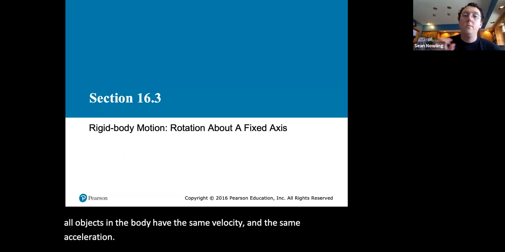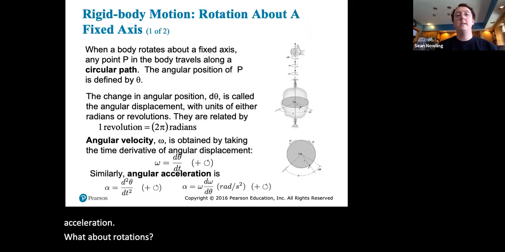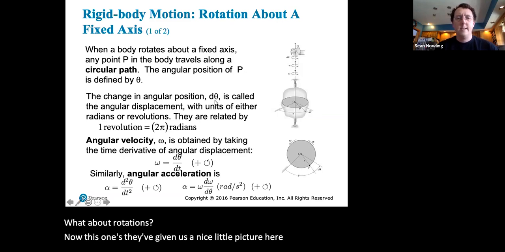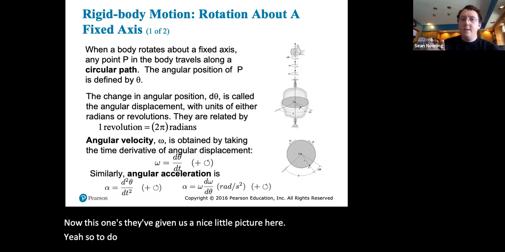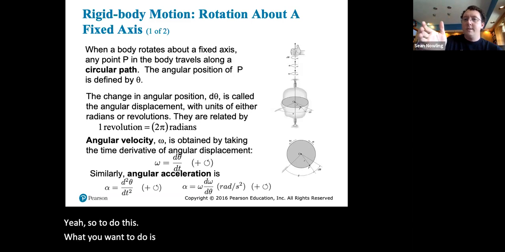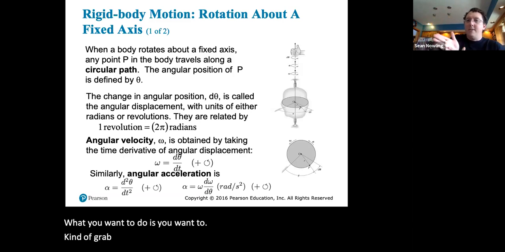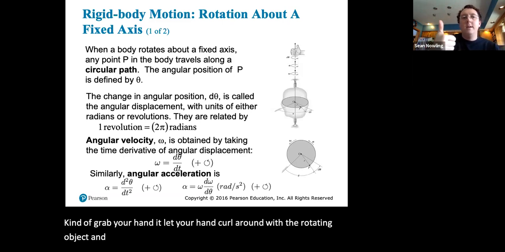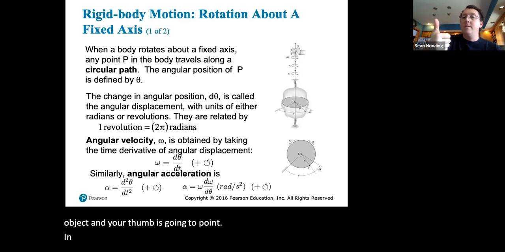Okay. What about rotations? They've given us a nice little picture here. To do this, you want to grab your hand, let your hand curl around with the rotating object, and your thumb is going to point in the direction of the axis of rotation.